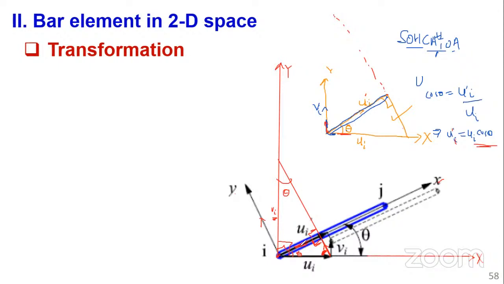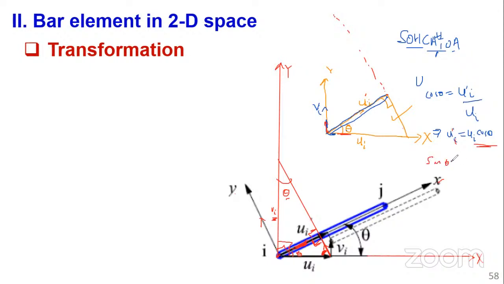We know this UI and we want VI. So we have the hypotenuse and we know the opposite of this angle theta. UI is opposite. So that's why we are using sine.